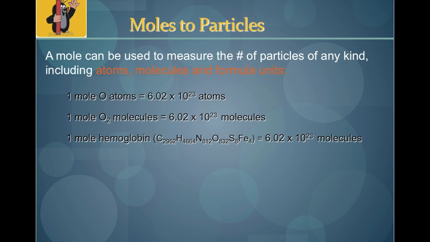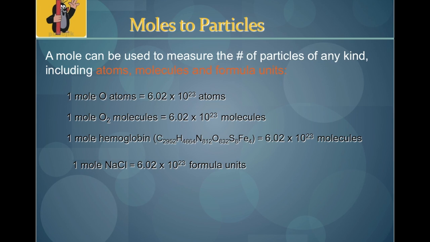It's got 2,952 carbon atoms and a bunch of other kinds of atoms as well. But if we have 1 mole, we have 6.02 times 10 to the 23rd molecules. Obviously, 1 mole of hemoglobin has a lot more mass than 1 mole of oxygen, but if we count the number of particles, it's exactly the same.